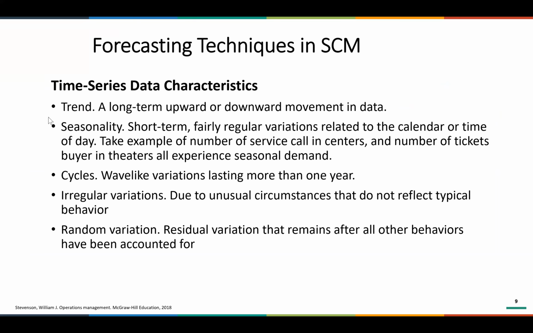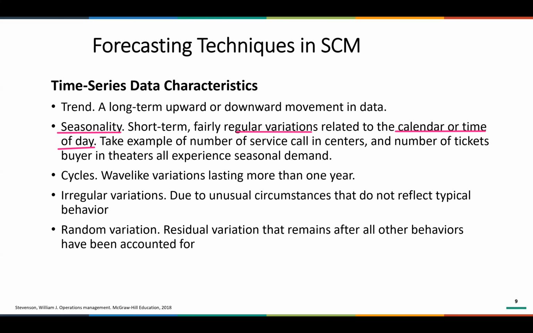And then there is seasonality. Seasonality is a short-term or regular variation related to the calendar or time of day. For example, normally, let's say holiday ticket demand, for airplane tickets, will be higher in the holiday season.